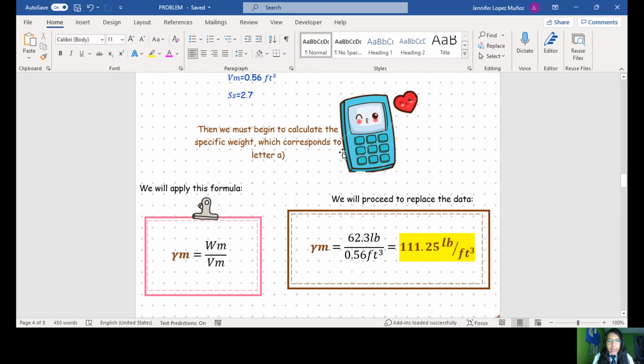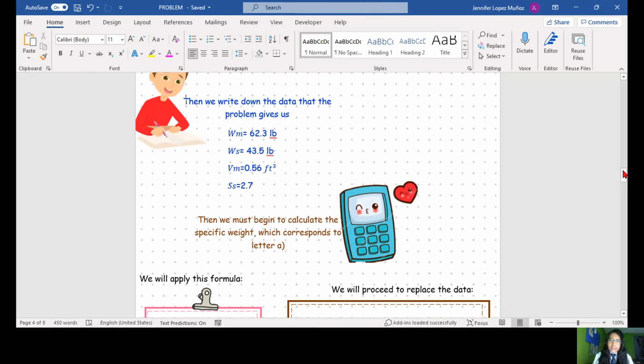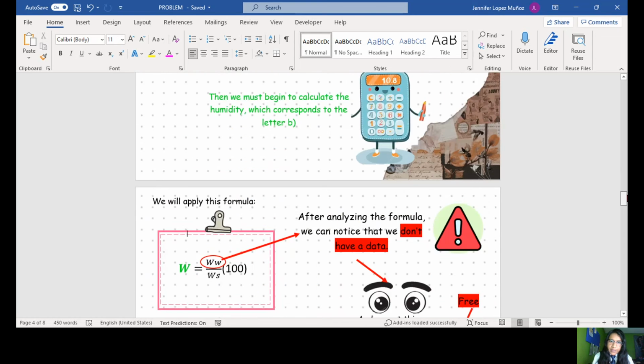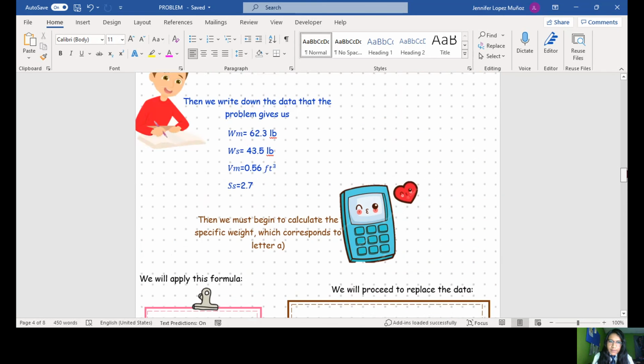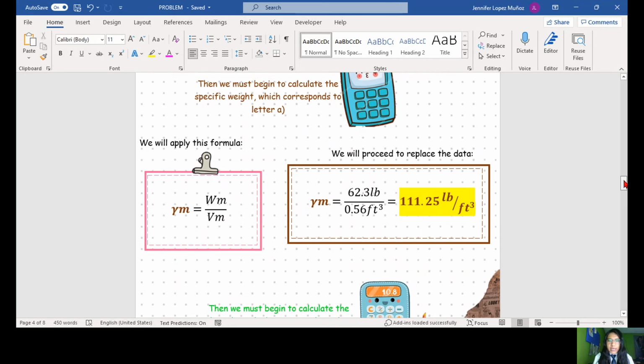And then we must begin to calculate the specific weight, which corresponds to letter A. As the problem asks, we will apply this formula corresponding to the specific weight.